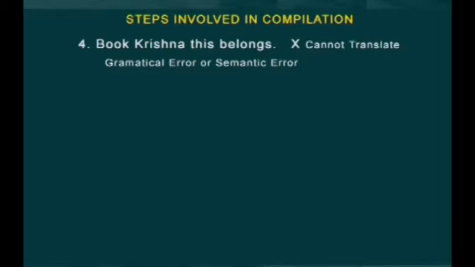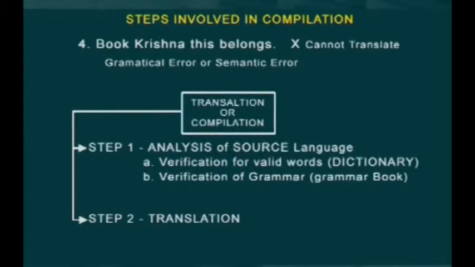So from this I could understand and summarize the entire translation process into two steps. Step one is the analysis of source language. The analysis of source language again consists of two parts. One is verification for valid words. For the verification of valid words, the translator is using a tool called dictionary without meaning.